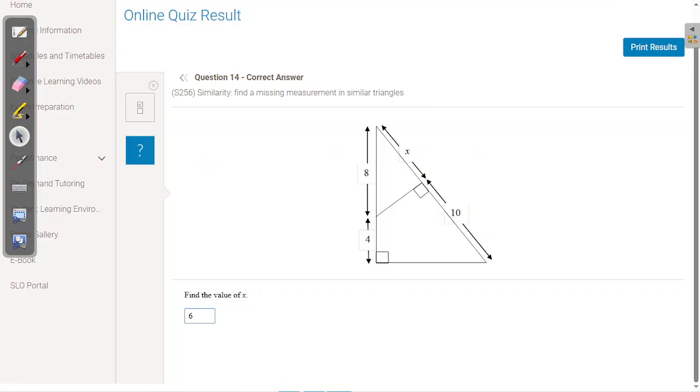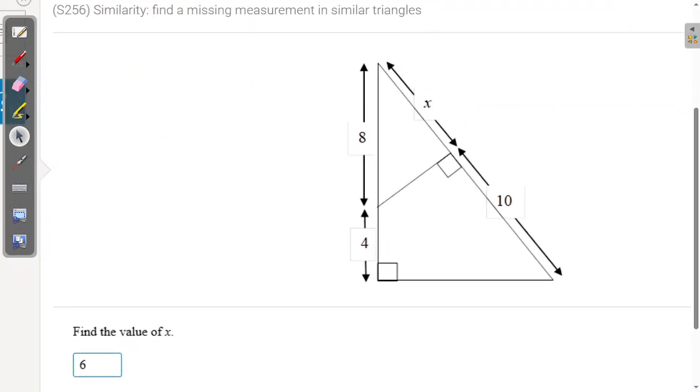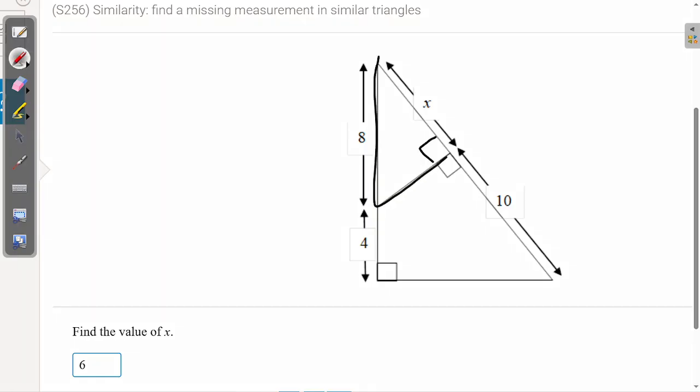This question is very silly, it's like geometry. Okay, anyway, so you have a small triangle here and a big triangle here. And they are similar since they have a common angle here. So what can we do with similar triangles?